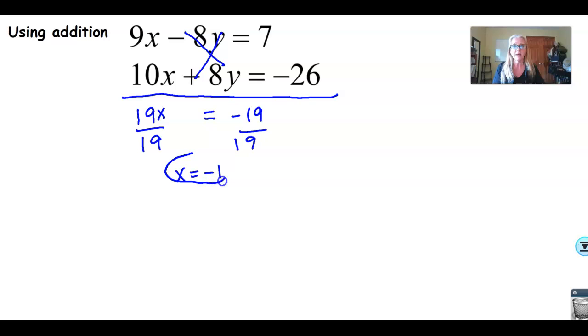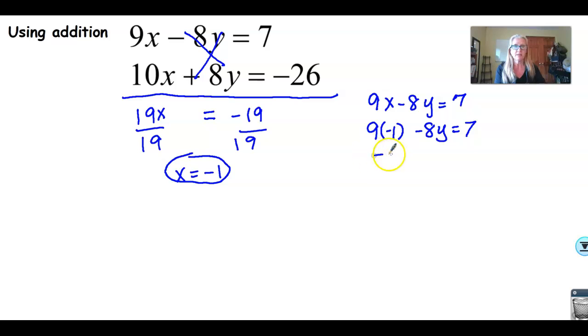Once we have our x, we just pick one of these equations, and it doesn't matter which one we use. Let's say I want to use 9x minus 8y equals 7. And we substitute -1 in for x. That gives me -9 minus 8y equals 7. Oh, it's a Monday. It's starting off like a Monday.